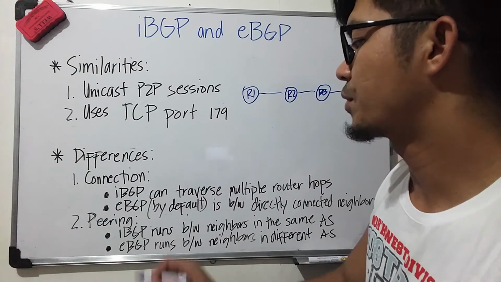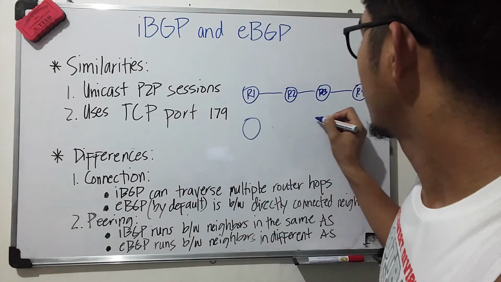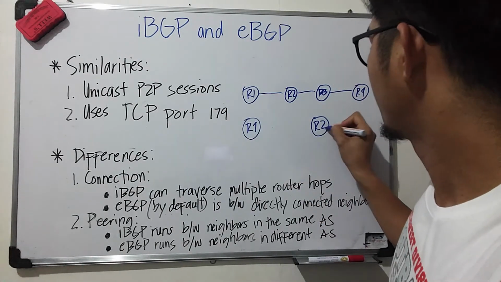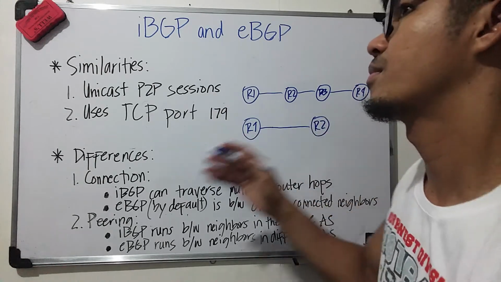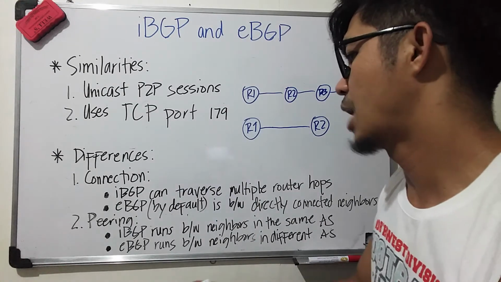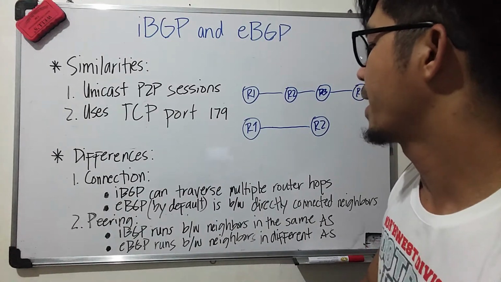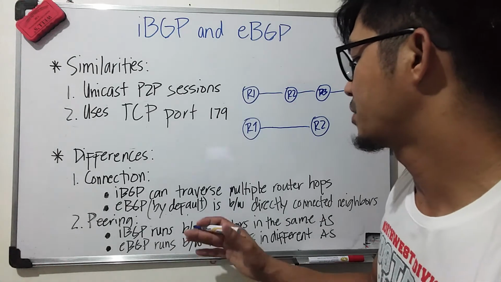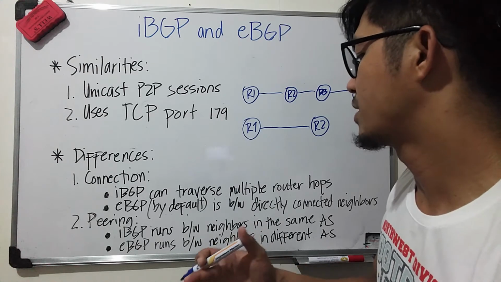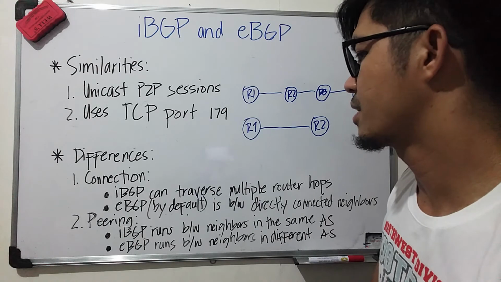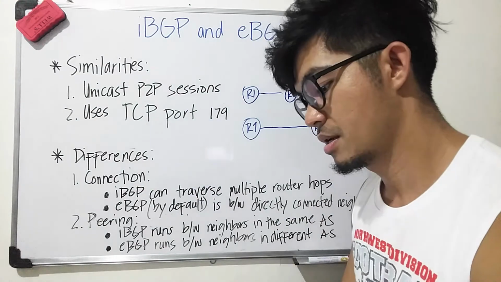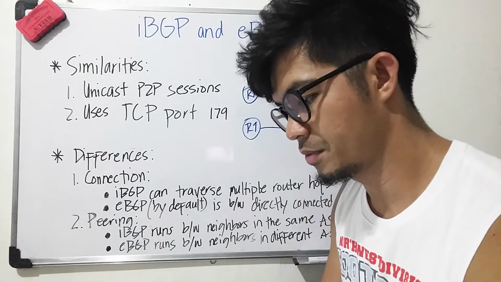And of course, eBGP expects that the peering is a direct connection. And that is by default. But you can actually influence that behavior by using a feature called, what do you call it again?